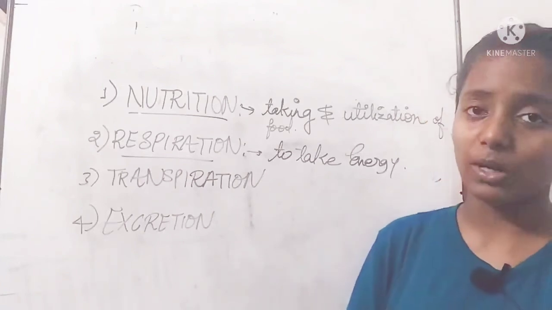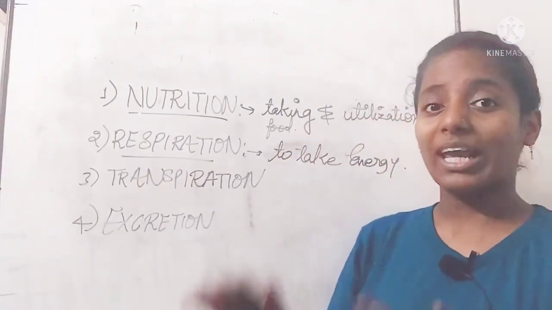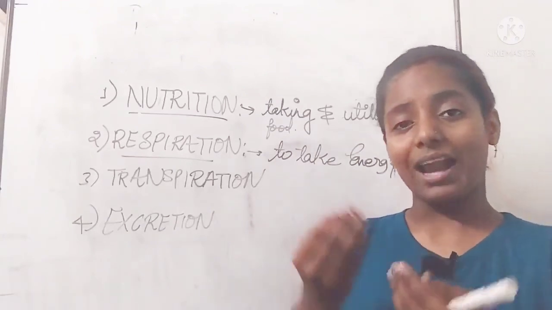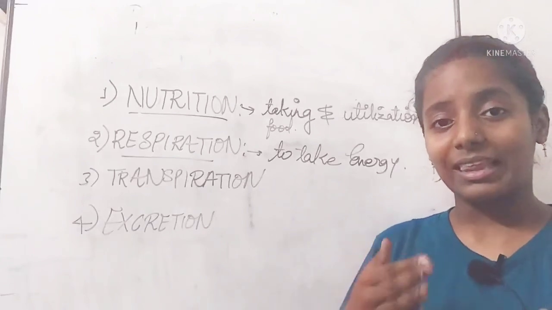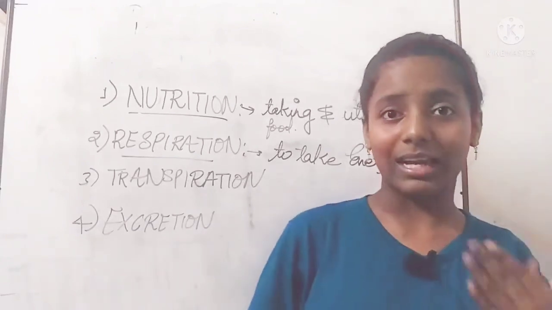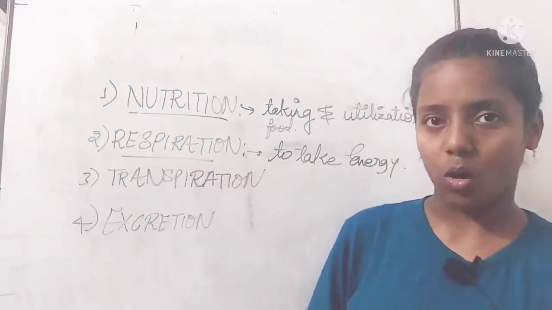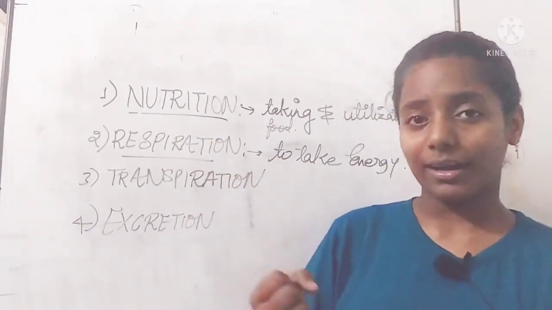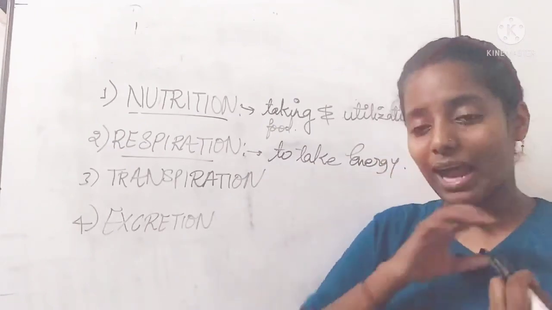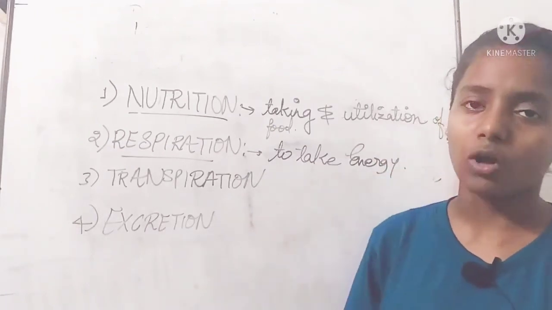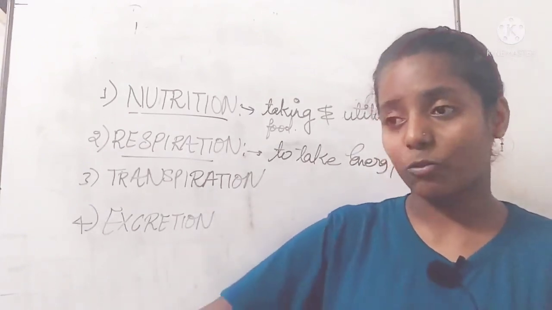What happens in respiration? The first process of respiration is breathing. We take in oxygen, and the major process happens. It goes to the lungs, then it goes to the blood. Blood takes in that oxygen, which we get from the plants, and gives back the carbon dioxide, which is not useful for the human body, to the lungs.